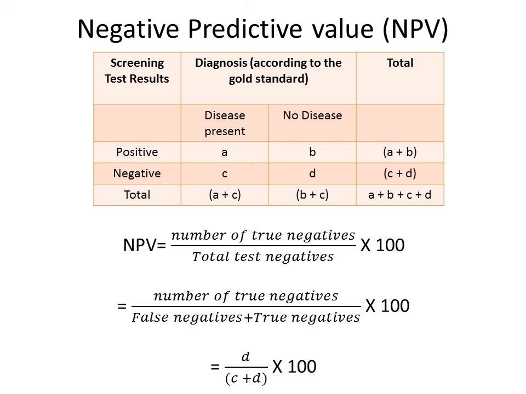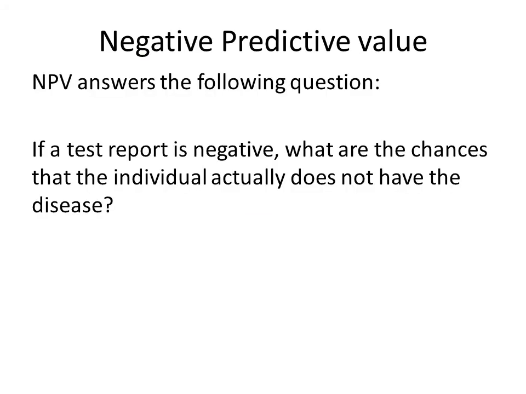That is, D divided by C plus D into 100. Negative predictive value answers the following question: if the report of a test is negative, what are the chances that the individual actually is free from the disease?